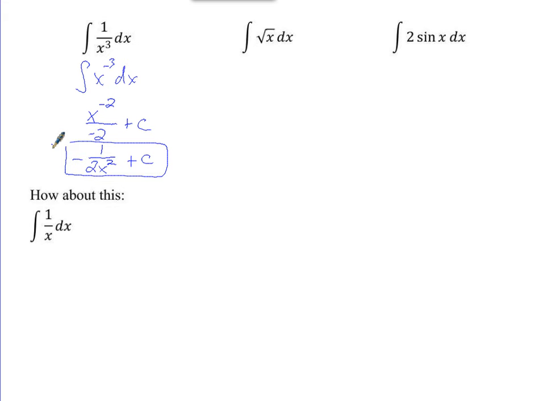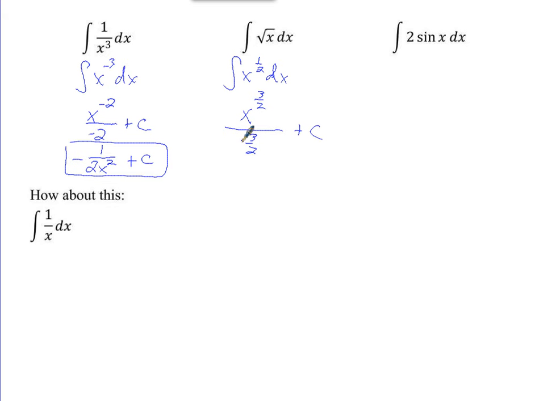How do I rewrite it? So integral x to the 1/2 dx. Now what? Okay, so what do I get? X to the 3/2. We've got to add 1 to 1/2 and we get 3/2. So I have x to the 3/2 over 3/2. Don't forget your plus c.